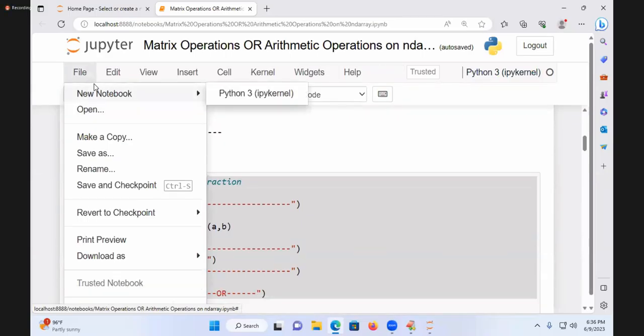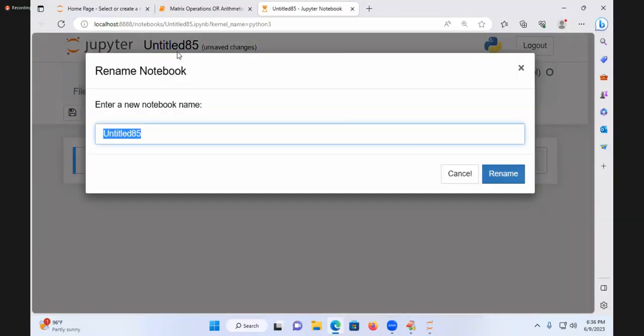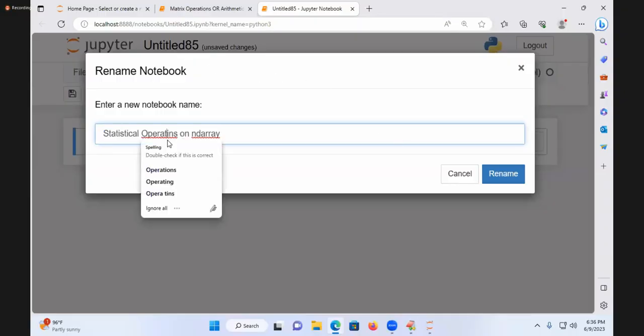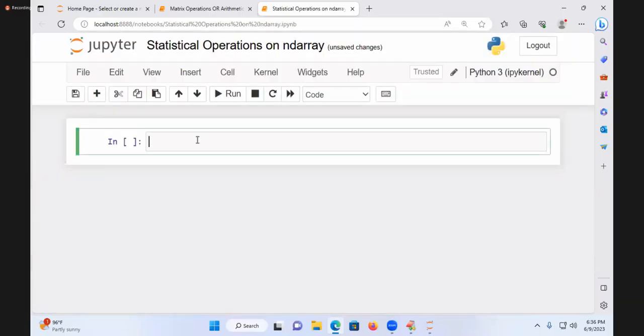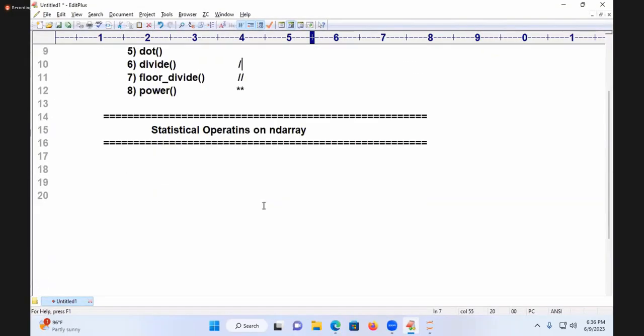Now I'm going to say statistical operations on ND array. Import as usual, NumPy as NP.